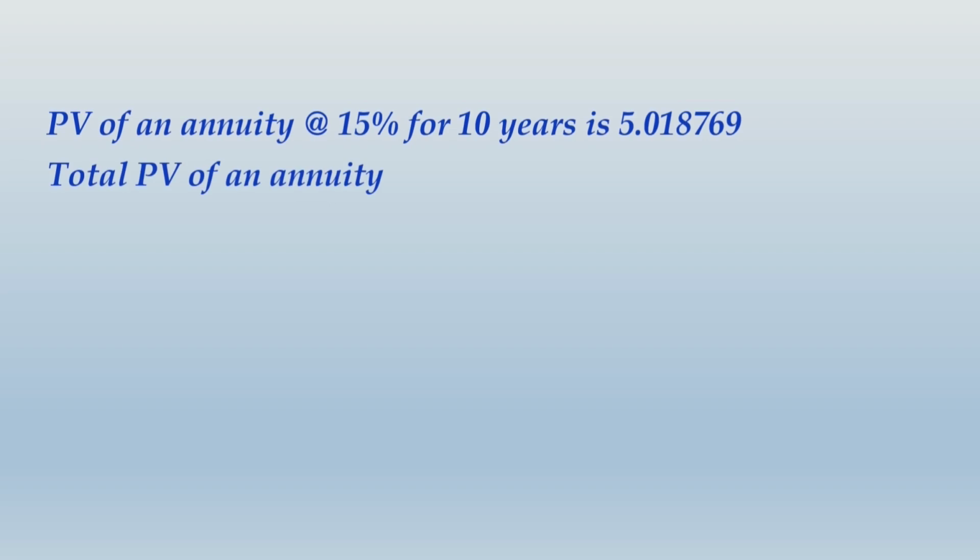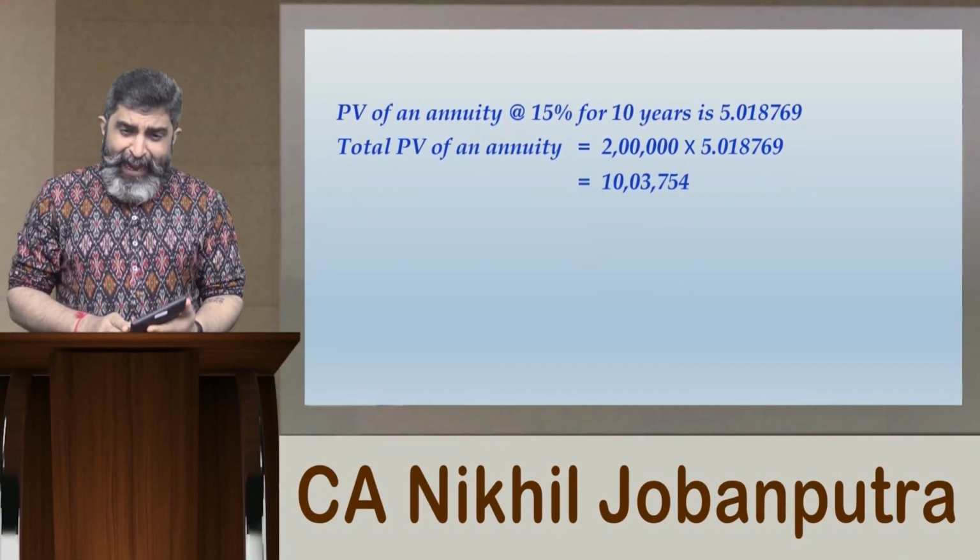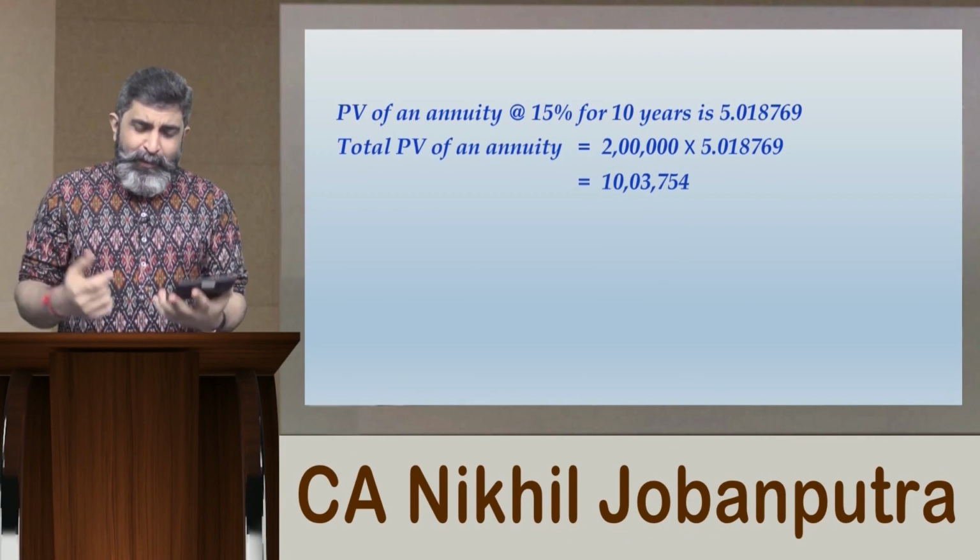Total PV of an annuity will be the annual cash flow of that annuity, that is 2 lakhs every year, multiplied by annuity factor, and that will give you 10,03,754. So just in 2 lines you can complete your answer if you are following this kind of annuity based approach. If some students are still wondering how to get this annuity factor, sir, can you please show again?